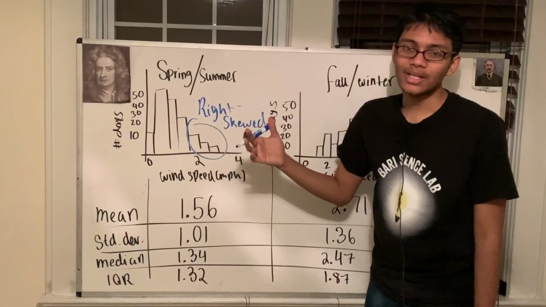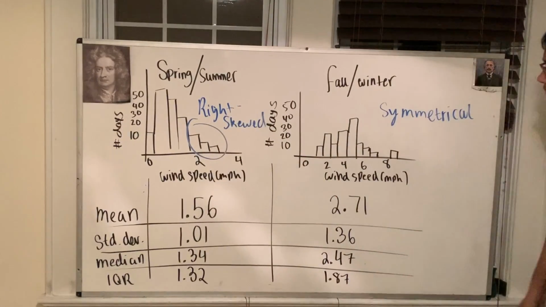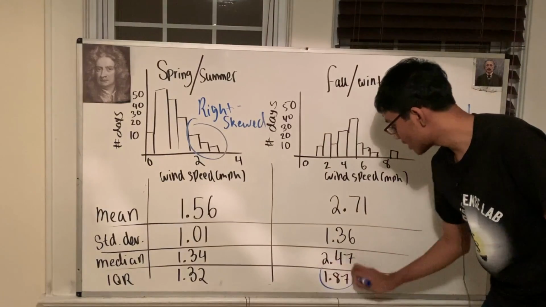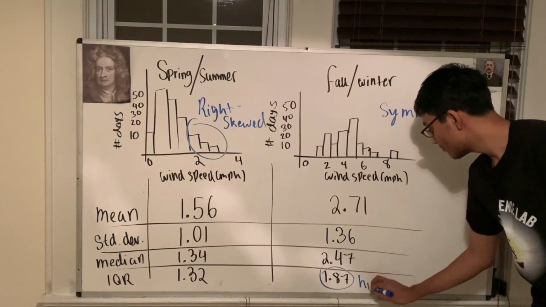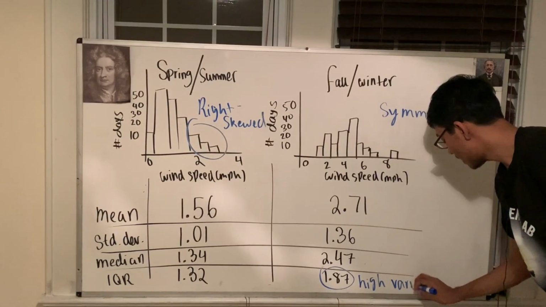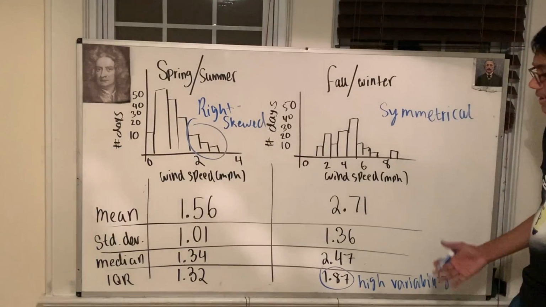You know you're walking out with some short jeans and a summer hat. Okay, so this high IQR tells us that there's a much higher variability for fall and winter. Okay, anything else we notice?